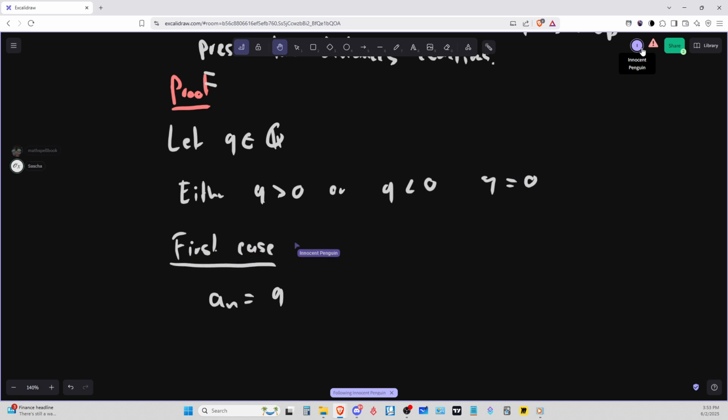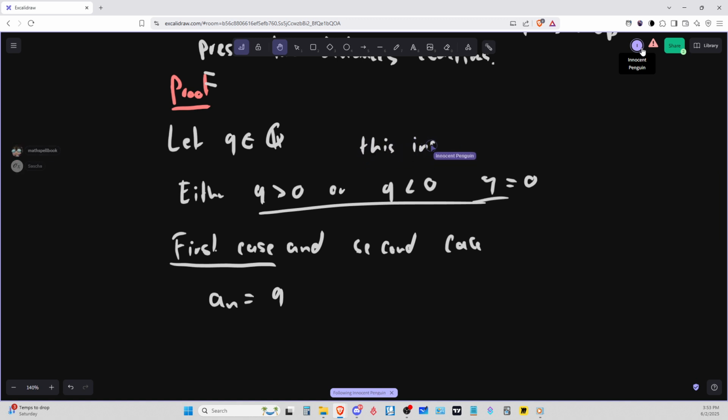So I'm going to call this the first case and second case because the two are similar, and I'm going to do both at the same time. So if a_n is equal to q, then by the definition that q is positive and q is negative, this is inside of Q. This is using the definition of what it means to be positive and negative inside of the rational.